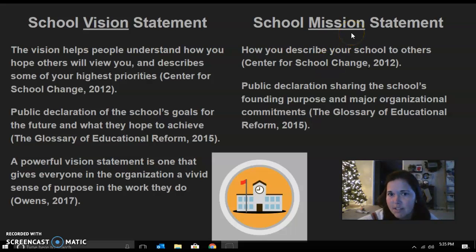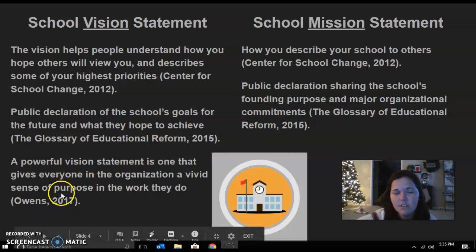Whereas the mission statement, with that same Center for School Change, says that this is how you describe your school to others. The Glossary of Educational Reform said that the vision statement is a public declaration of the school's goals for the future and what they hope to achieve, whereas the mission statement is a public declaration sharing the school's founding purpose and major organizational commitments.